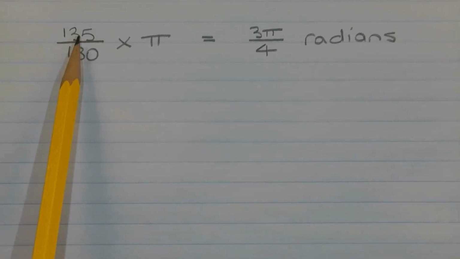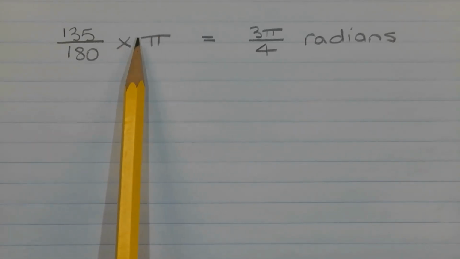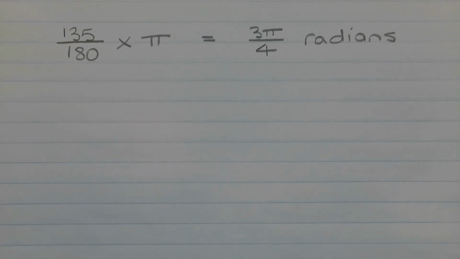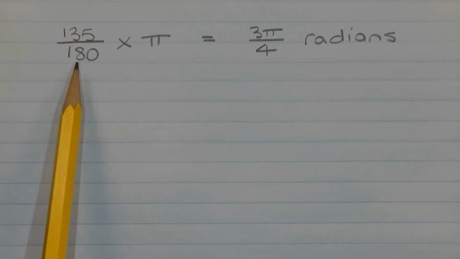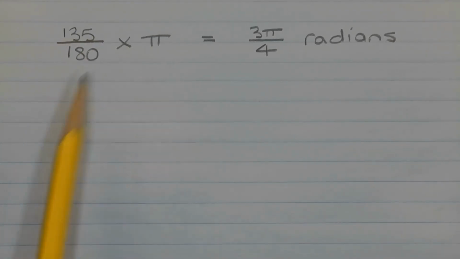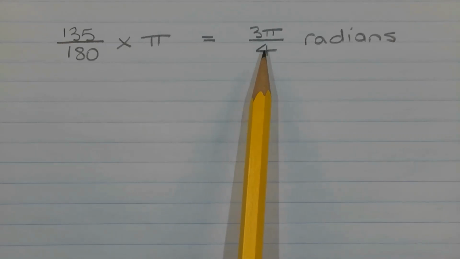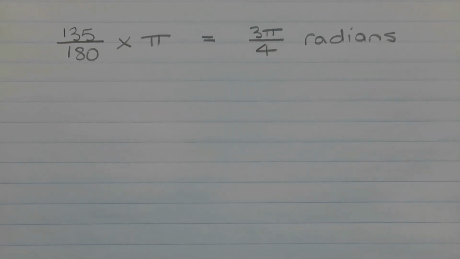So dividing 135 by 180, we need to compensate for that by multiplying by a symbol that represents 180 degrees. So 135 over 180 times pi simplifies to 3/4 times pi, or 3 pi over 4 radians.